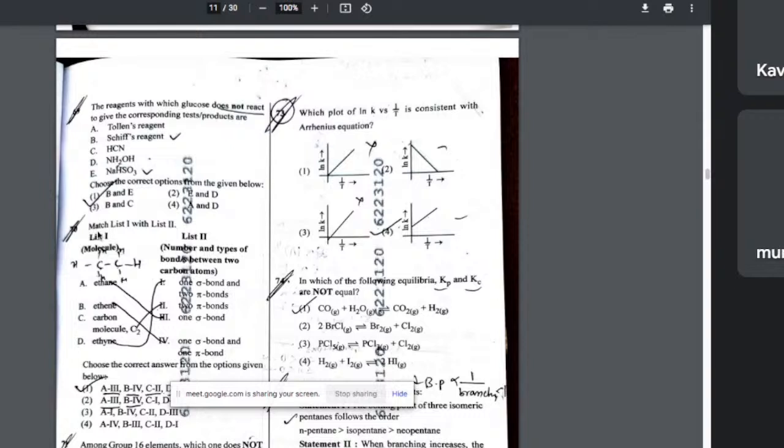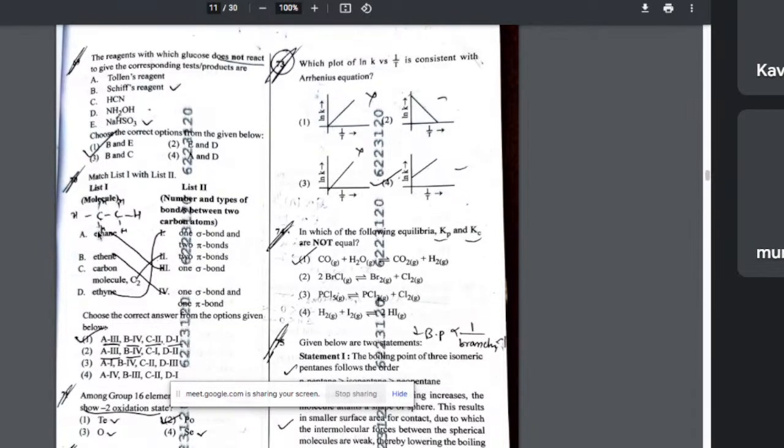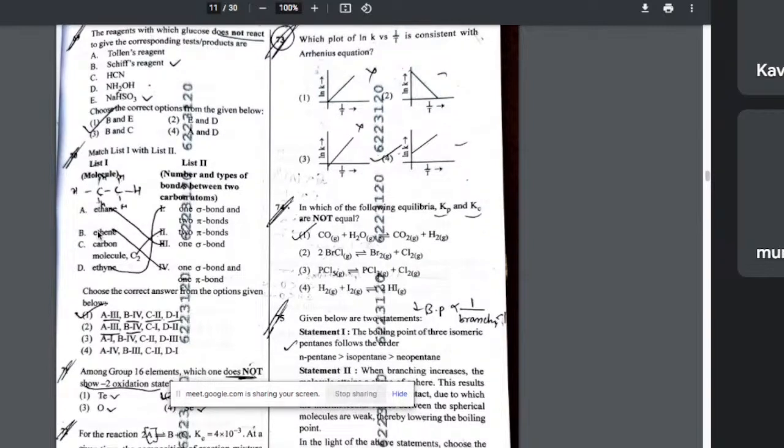Then second is the carbon molecule C2. Ethyne, if we check, has one sigma bond and two pi bonds. So D will match with first. Now what remains, C, will match with second, two pi bonds. So the answer is A third, B fourth, C second, and D first. Okay, so the A option is correct.